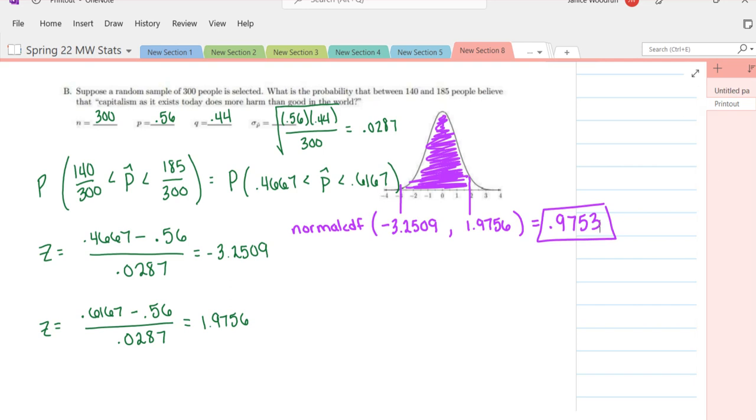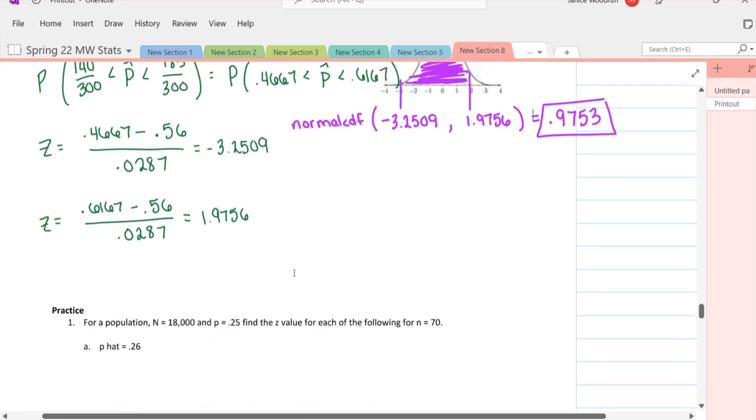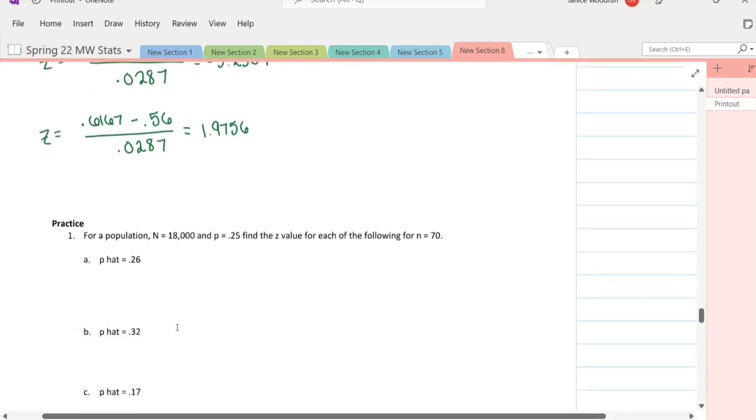Okay, for the next part, I want you guys to take this population of 18,000 and a p of 0.25 and find, for a sample size of 70, a z value for each of these.